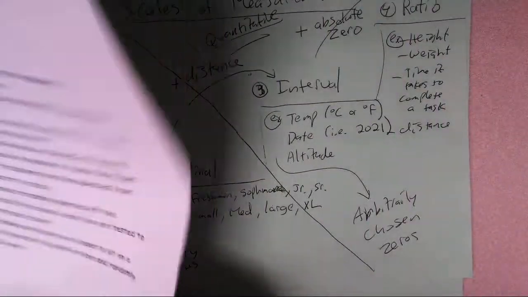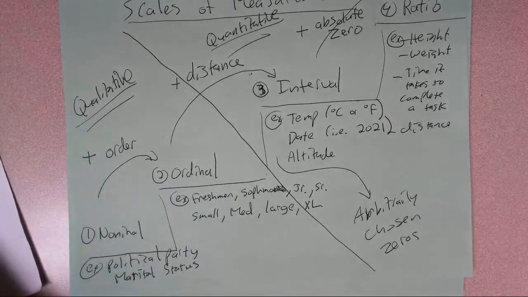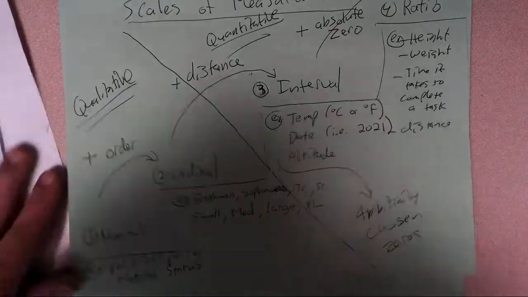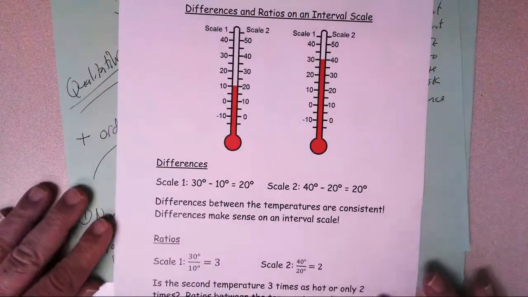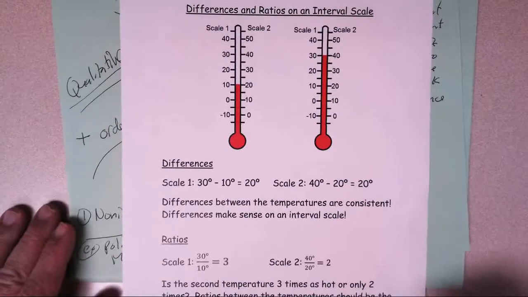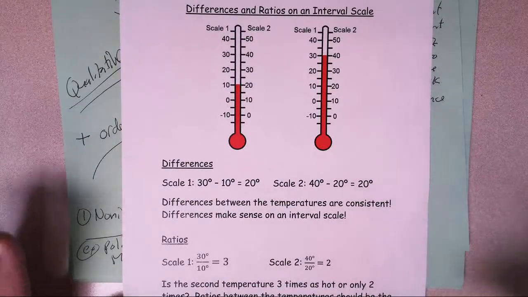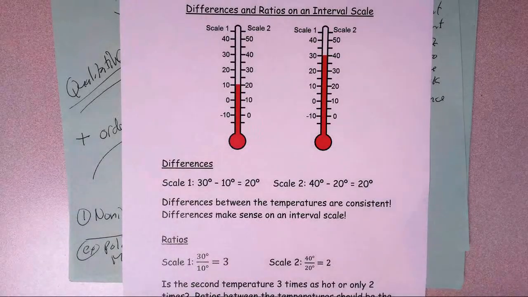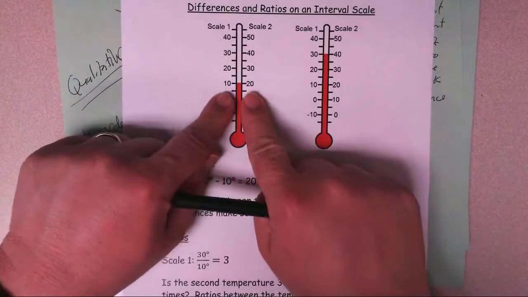So one last thing that I want to talk about before I move on is why you need an absolute 0 in order to be able to compare ratios. Okay, so here are 2 different scales.